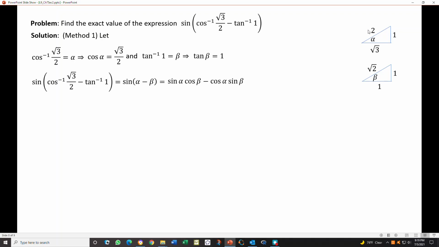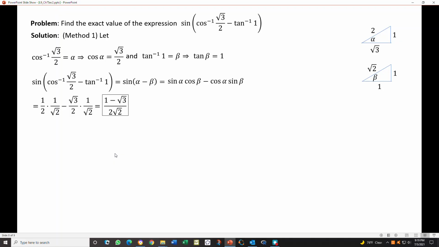Sine alpha is opposite over hypotenuse, 1 over 2. Cosine beta is 1 over square root of 2. Cosine alpha, square root of 3 over 2. Sine of beta, 1 over square root of 2. Plug and chug. Both the denominators are 2 square root of 2, so we can just subtract the tops. And that just gives us 1 minus square root of 3 all over 2 square root of 2.